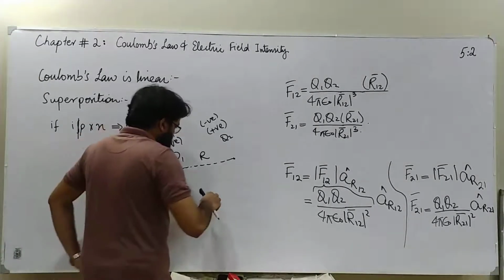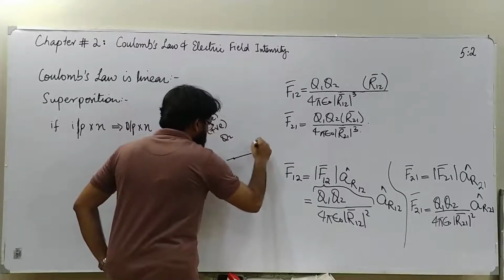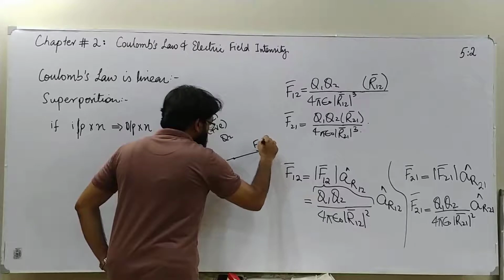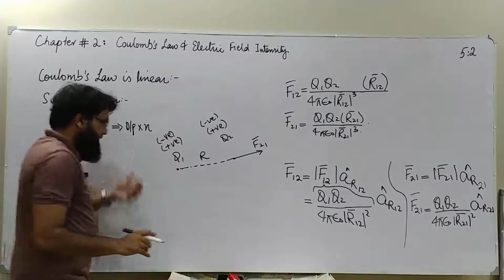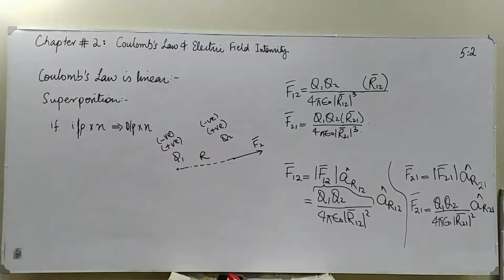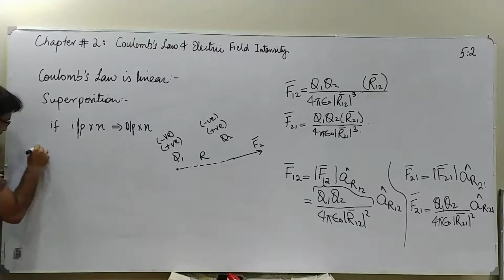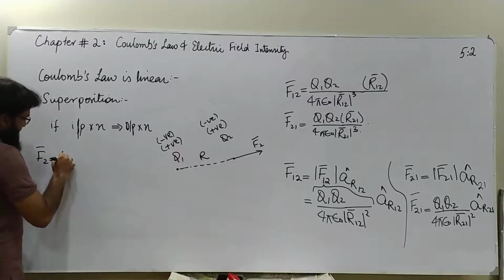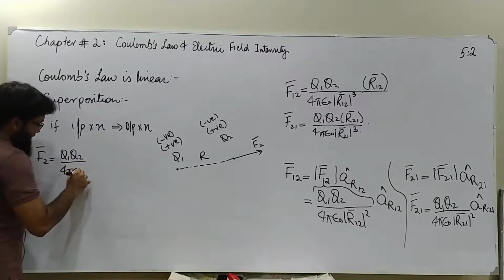That's clear. So if I am interested in the force on 2 due to 1, what I have to do is write force on 2 is equal to nothing but Q1 Q2 upon 4 pi epsilon naught.